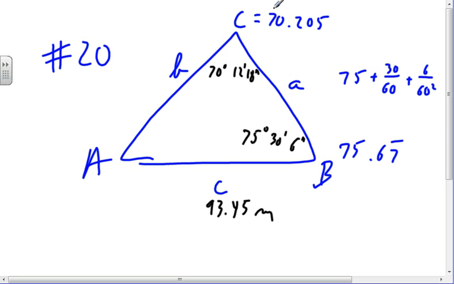Well, 0.66 repeating. Okay, now knowing that, I can calculate A. So I'll calculate A. 180 minus 70.025 minus 75.666666666.